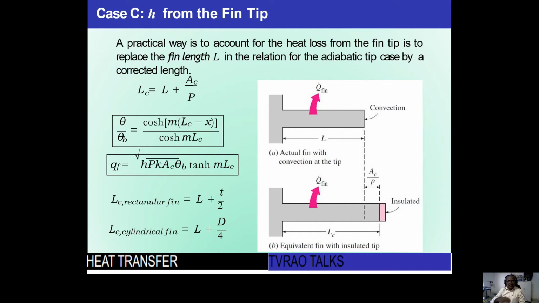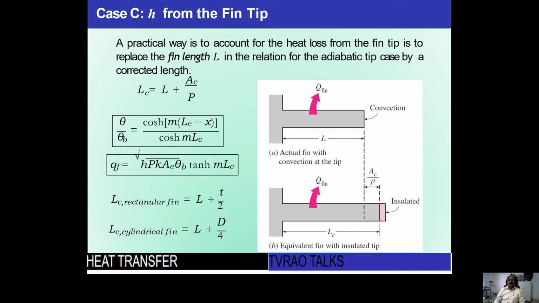Based on the differential equation, we classified the fin into the long fin, insulated fin, and finite fin. For these three cases, we discussed the temperature distribution equation and the heat transfer equation. And we discussed how to calculate the efficiency and effectiveness of the fin, and a few problems on extended surfaces or fins.